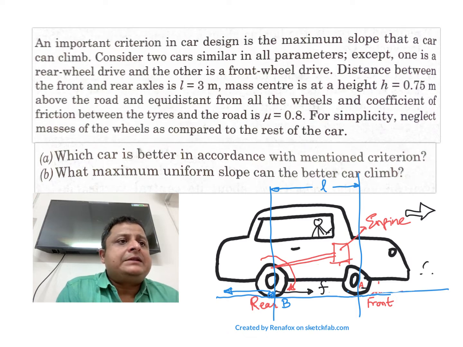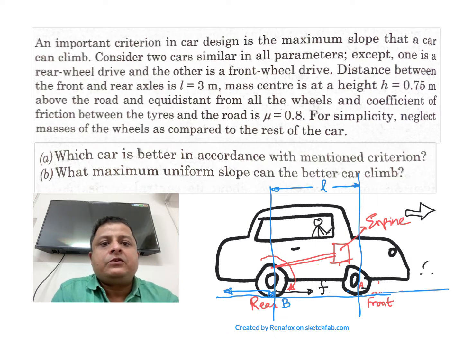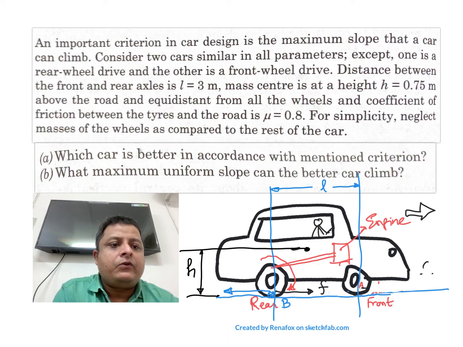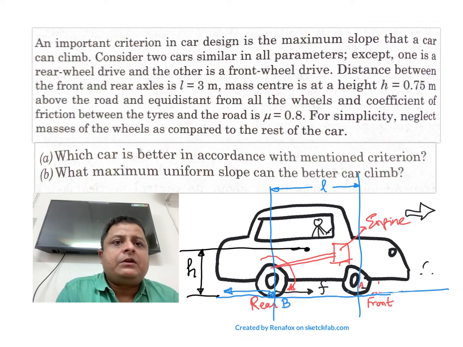And mass center of the car is at H equal to 0.75 meter above the road. That means, let me draw the mass center. There it is, the center of mass. So the mass center is at a height H above ground. Now coefficient of friction between tires and the road is mu equal to 0.8.